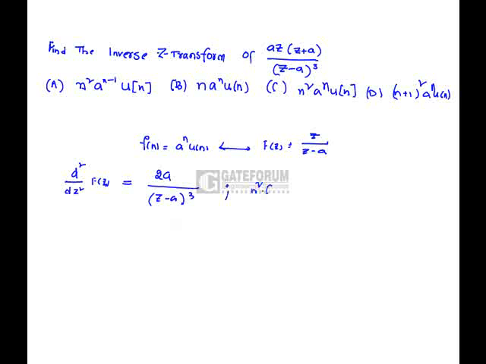n square f of n is equal to n square a^n u of n, which is equal to, if we apply the Z transform to this equation, we will get z d by dz f of z plus z square d square by dz square f of z.